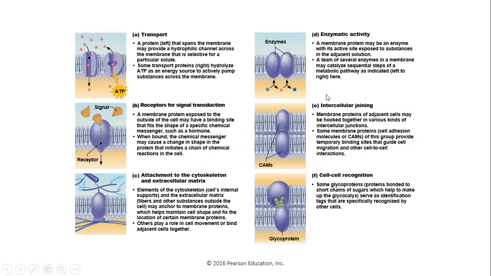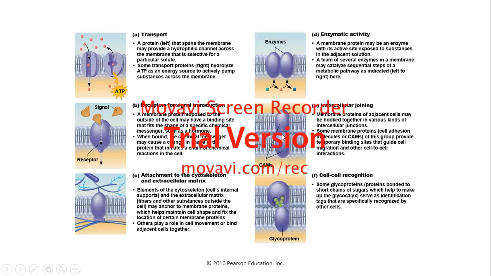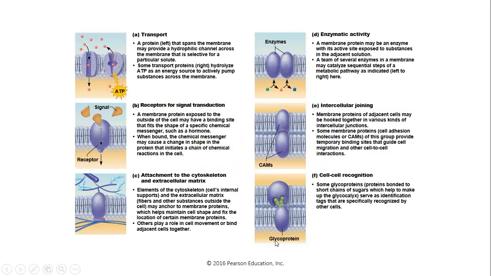And then you have intercellular joining, so membrane proteins of adjacent cells may be hooked together in intercellular junctions. And then you have cell-to-cell recognition. Some glycoproteins, glyco meaning sugar, so proteins with sugars attached, that's what a glycoprotein is.